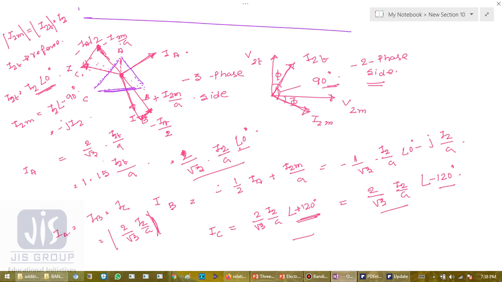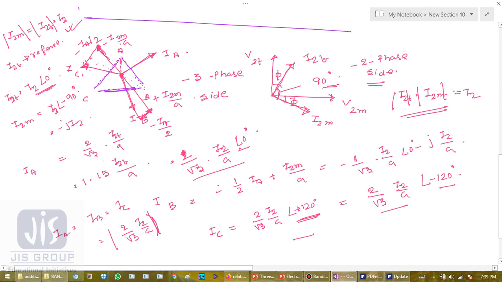So that means we can say that if two-phase load is balanced, the three-phase input is also balanced, and the opposite is also true. For a two-phase balanced load, I2T equals to I2M, secondary side, equals to I2, which we have assumed previously, and we have shown the respective phasor diagram.